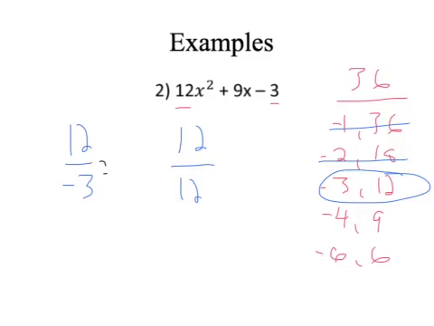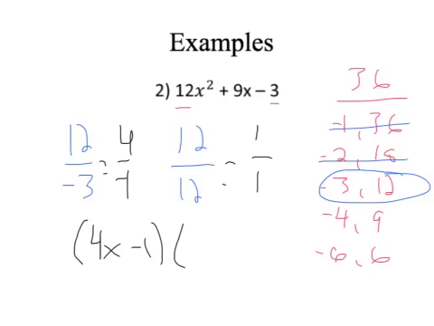They're both divisible by 3, so it would be 4 over negative 1. And 12 over 12 reduces to 1 over 1. Okay. So, to turn it into binomials, we have 4x minus 1, and 1 over 1 becomes 1x plus 1.